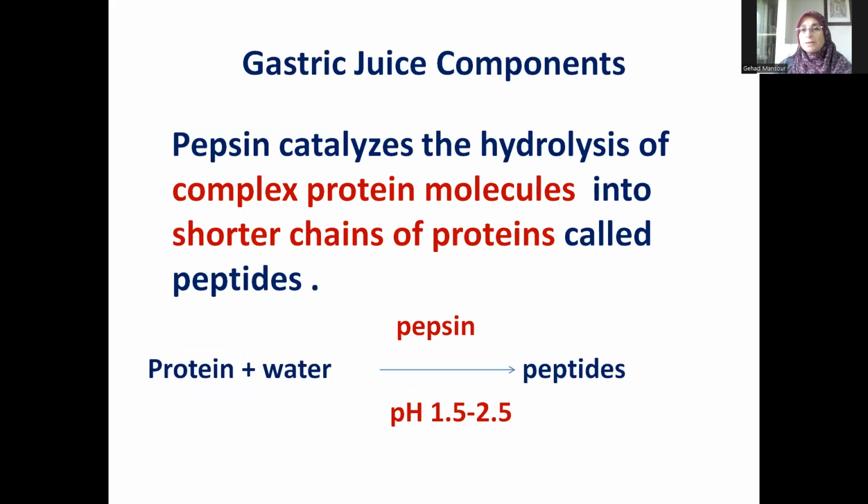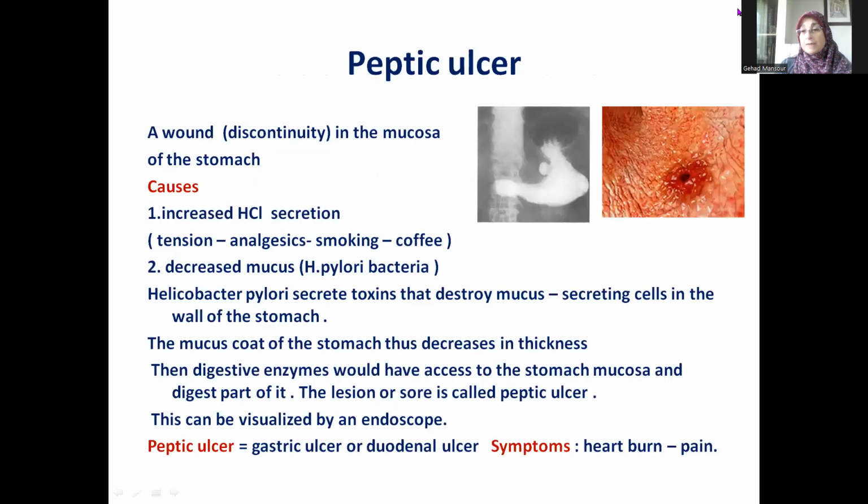I'll show you gastric ulcer. Peptic ulcer is a general name for gastric and duodenal ulcers, and this is how you can see the ulcer when you use an endoscope with a video camera to visualize the inside. You will find like a hole or a depression in the mucosa of the stomach.